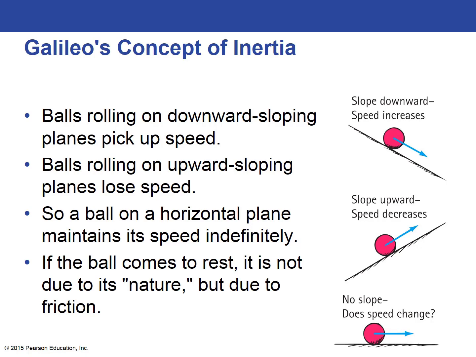Balls rolling on upward sloping planes will lose speed. And a ball on a horizontal plane maintains its speed indefinitely with the same velocity that it has. Furthermore, on the horizontal plane, if it does come to rest, it is not because of its intrinsic nature, as Aristotle said, but it is due to the force of friction.